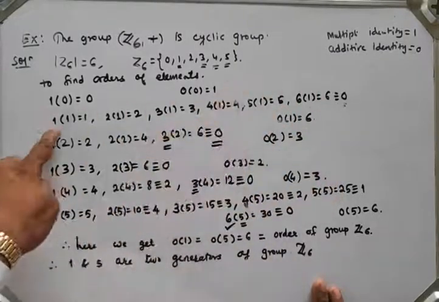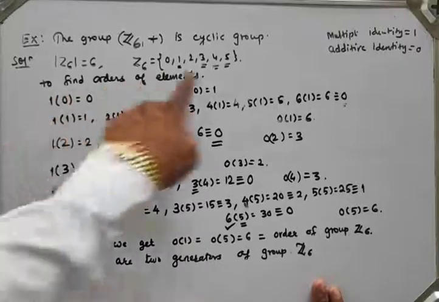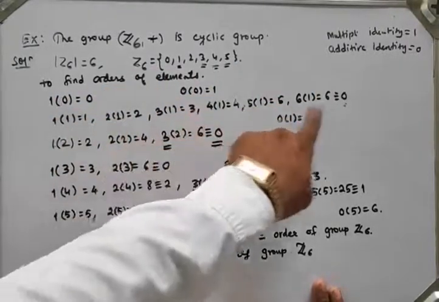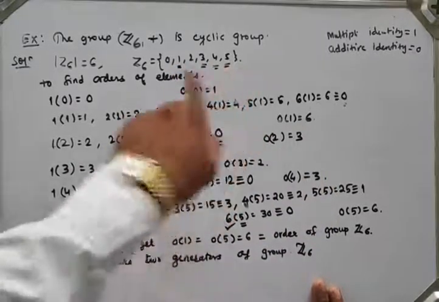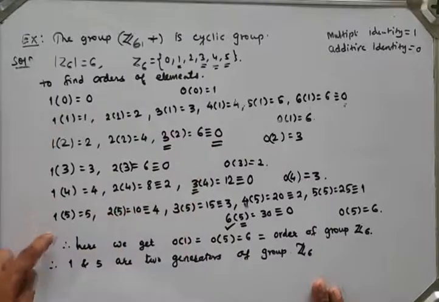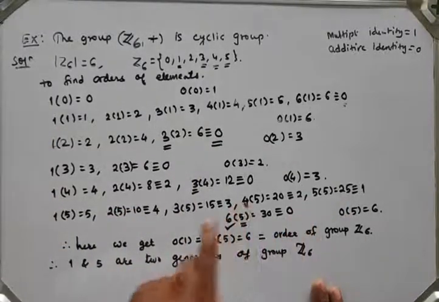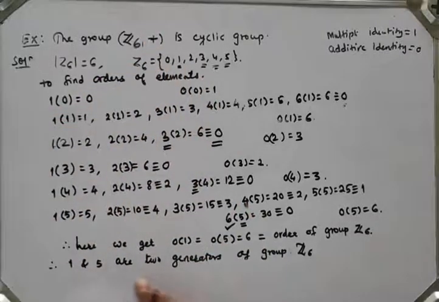So if I generate by 1, then after generating I get 1, 2, 3, 4, 5 and lastly 0, right? 0, 1, 2, 3, 4, 5, all the elements are generated. Again if I generate by 5, then again I get 0, 1, 2, 3, 4, 5, the same elements of Z6, means 1 and 5 are the generators of the group G.